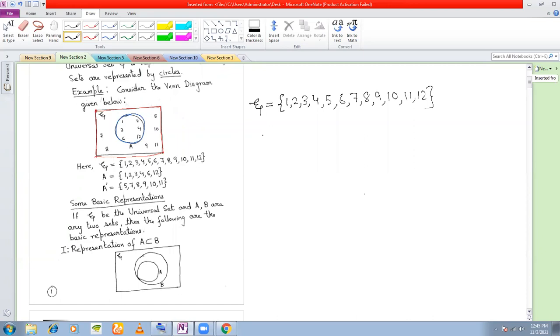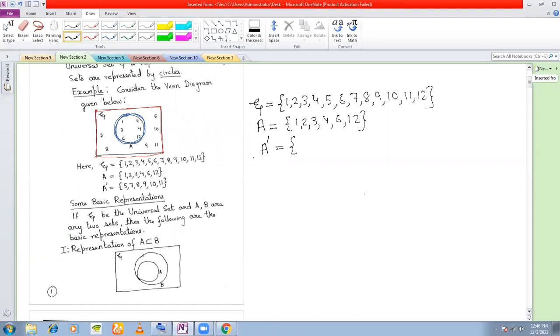Next, if I want to write the set A, it will consist of only the elements within the circle. What are the elements within the circle? 6 and 12, right? Now, if I want to write A complement, what does A complement mean?